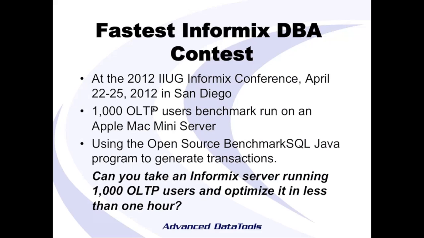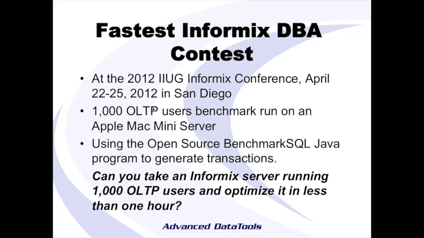So this year at the Informix User Conference in April, we held the latest Fastest Informix DBA contest. This is the 5th one we have held. And the goal this time was to simulate 1,000 OLTP users running a benchmark on an Apple Mac Mini server.